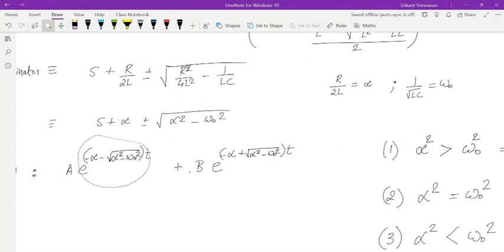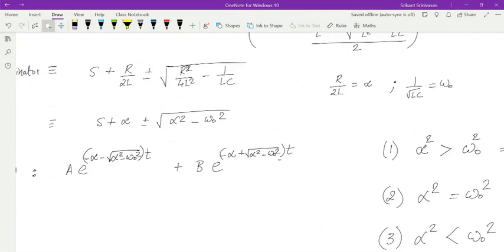That means this is a decaying exponential function. Here I have minus alpha plus something. But since alpha is a positive number, omega naught is a positive number, and here you have alpha square and omega naught square, so root of alpha square minus omega naught square will always be smaller than alpha, right? And because of this, overall it will be a negative number.